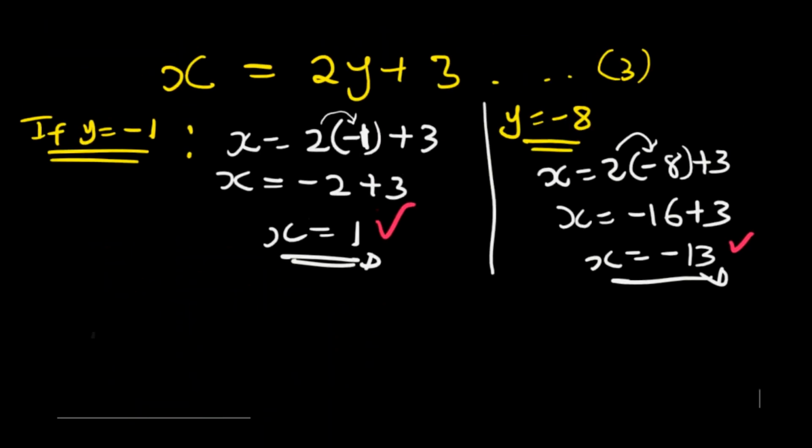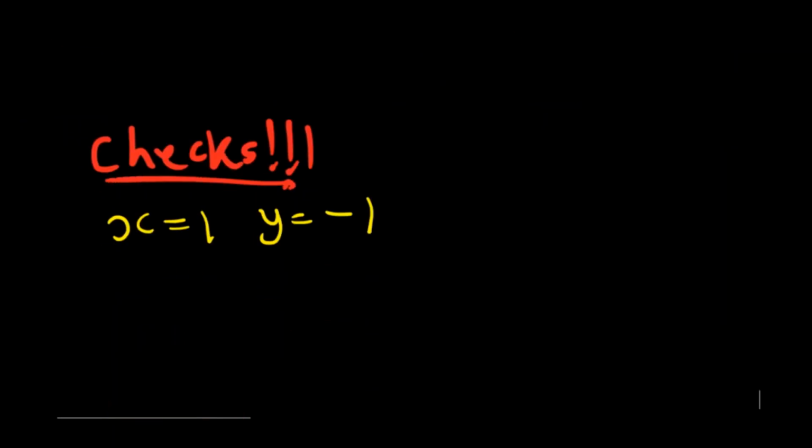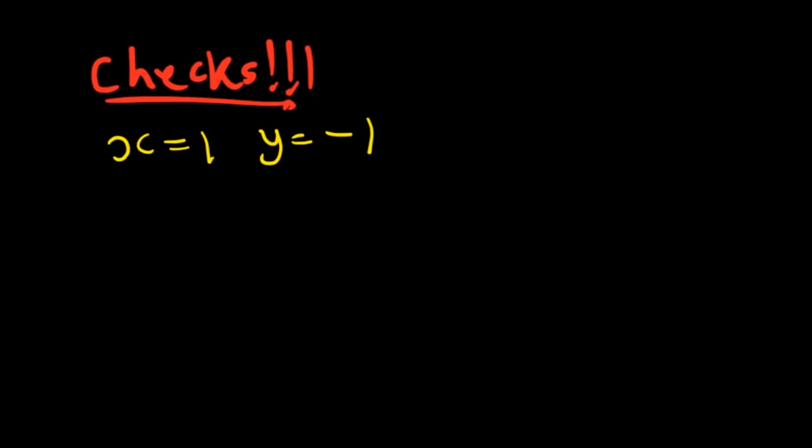I'm going to use one pair of solutions, so I'm going to use x equals to 1, y is equals to minus 1, which is what we found here. If you take a look, we found y being equals to minus 1 and x being equals to 1. So I'm just going to use that pair of x and y, and substitute it in equation 1 and equation 2 to see if those values are actually correct.